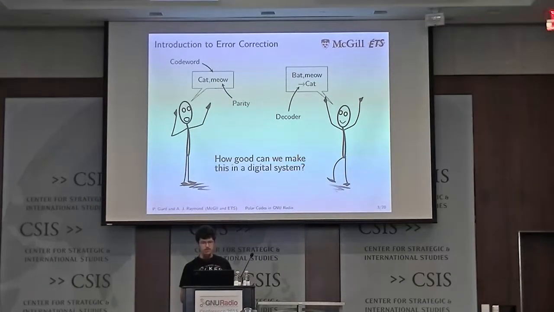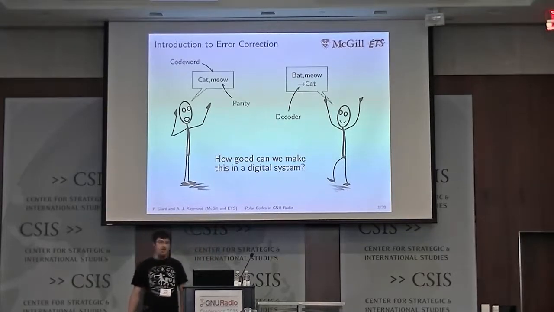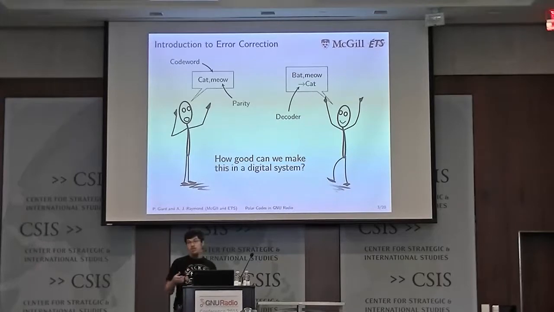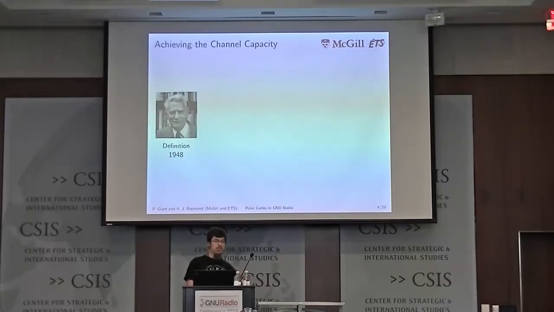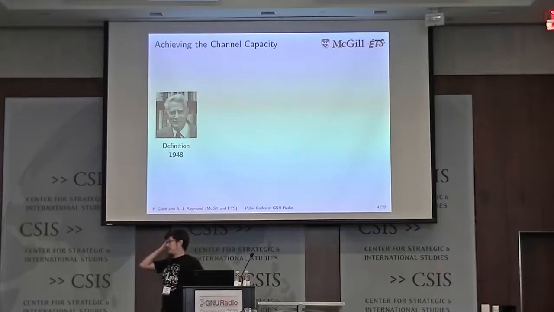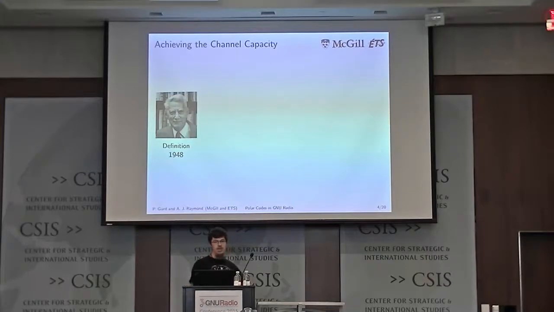All right, that's all good. How good can we make this in a digital system? How good? Because we don't want to add too much redundancy into our message, otherwise we won't be transmitting much. So we'd like to know what the theoretical bounds are. Shannon, some of you might know, established the theoretical bounds on how good we can make this, and we call that the channel capacity.